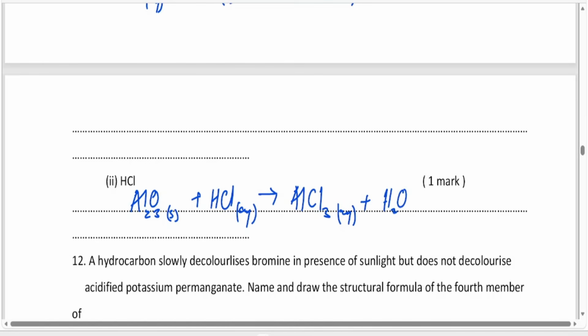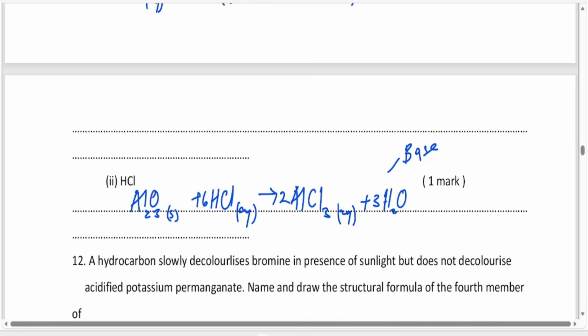In this case, aluminium oxide is reacting as a base. I balance with 6 on hydrochloric acid, with 2 on aluminium chloride, and with 3 on water. And in this case, aluminium oxide is reacting as a base.